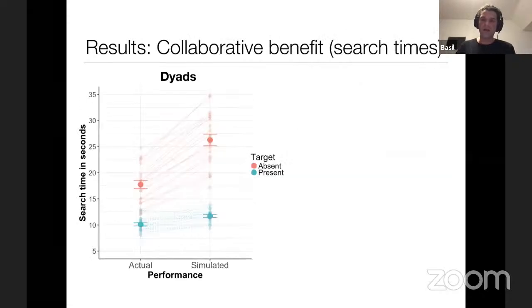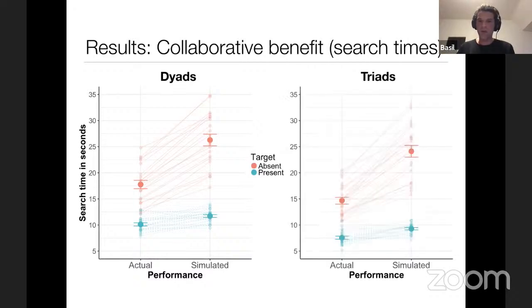If we now look at the collaborative benefit, the second group benefit criterion I introduced, we find the following results. First of all, what you see is the actual search times by the dyads, and here the simulated search time. What we find is that the actual search time is much lower than those simulated independent search times, or the Waldo search times. So they do attain a collaborative benefit.